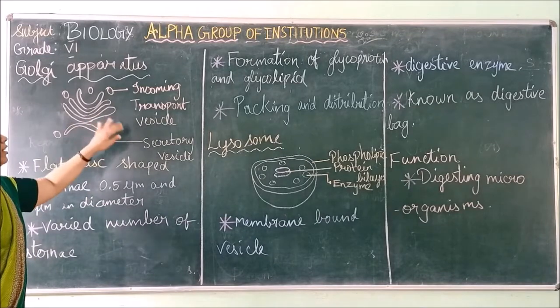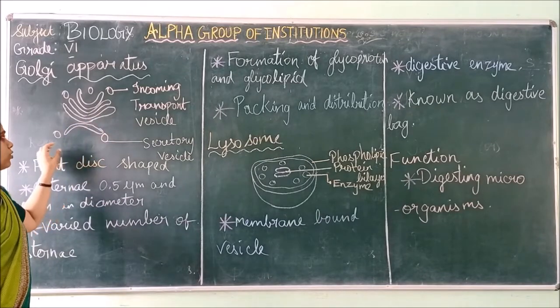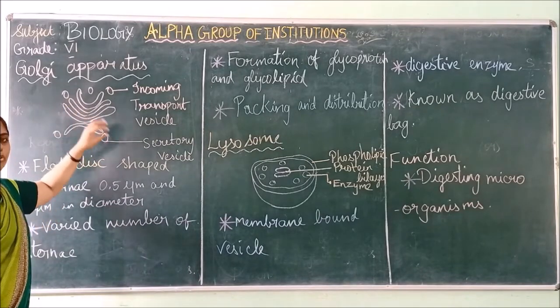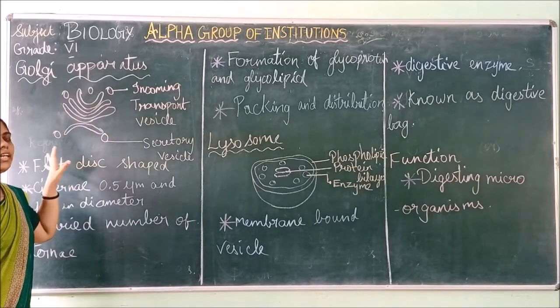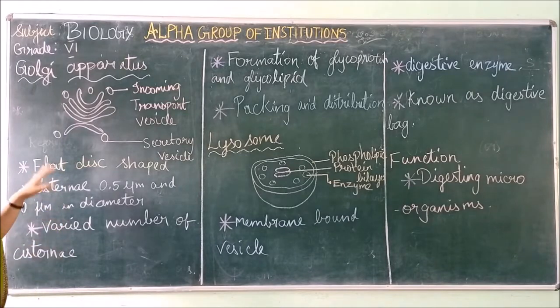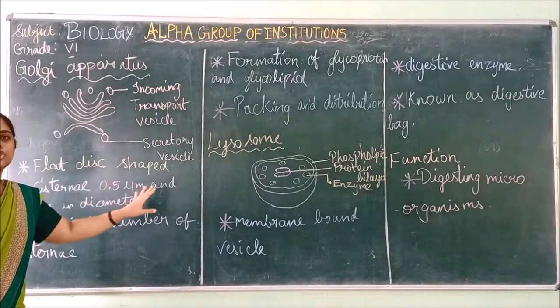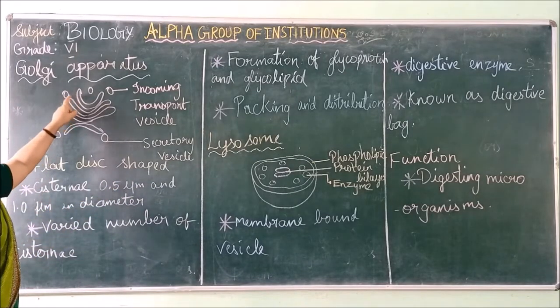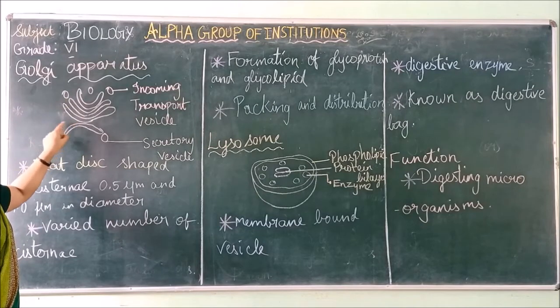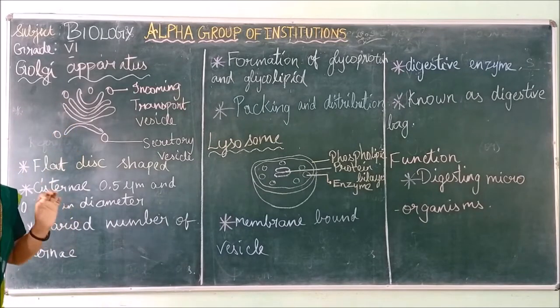You can see some wavy structures and some globules moving around. So this is the structure of the Golgi apparatus. It is in a flat disc shape, and each curving that you can find here is known as cisternae.